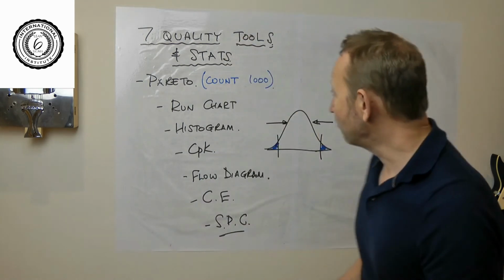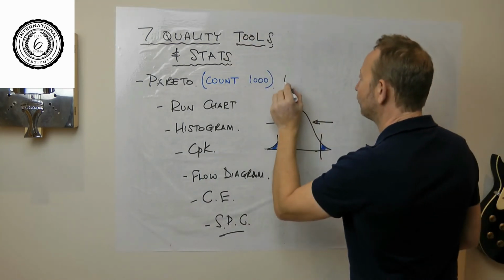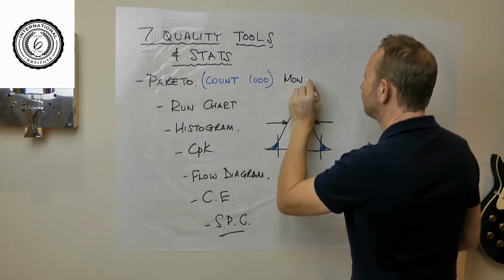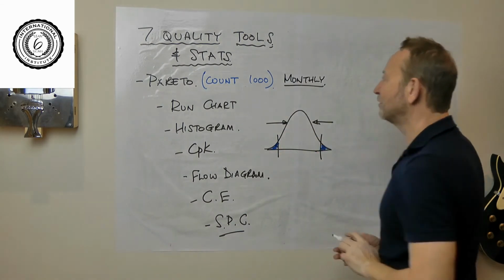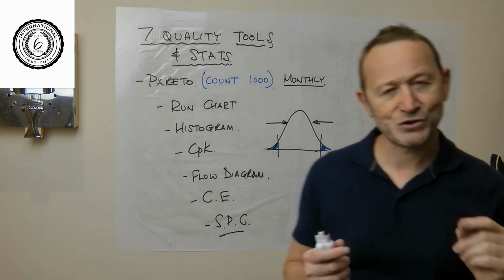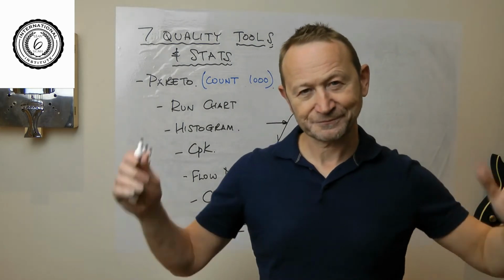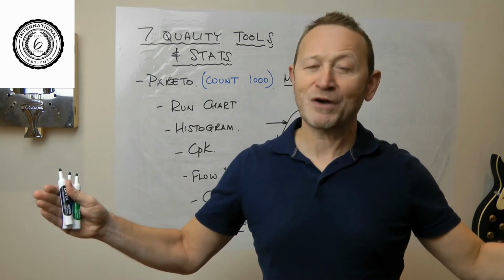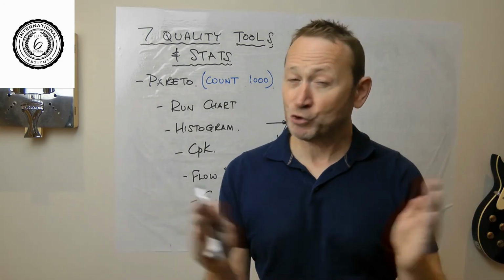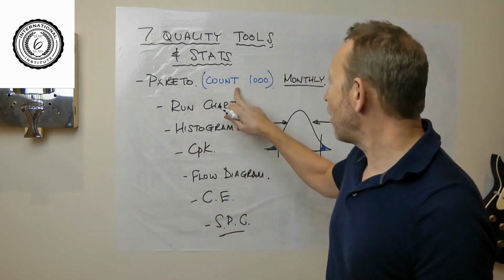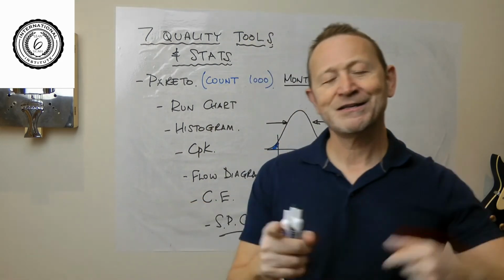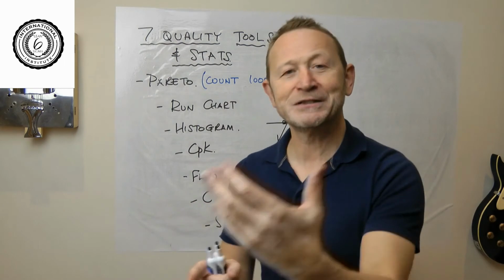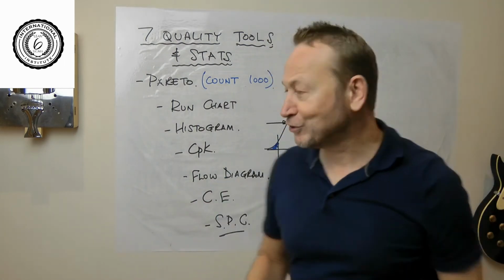Now, how does that normally manifest itself? It normally shows up with a Pareto that has got at least a month's worth of data on it. So I would look at my Paretos monthly, no shorter than that, because I won't get the right sample size on there. So having got enough data, now I can pick the right problem. Now I can get on with problem solving.